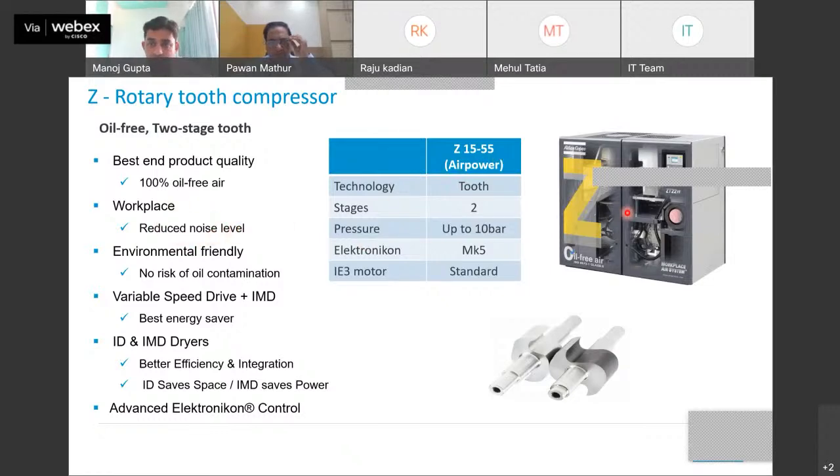It is plug and play. You can see this is a completely small box, and we have the option of inbuilt VSD also. We have the option of inbuilt dryer also. In the dryer, we have both options, refrigerant type dryer as well as HOC type dryer. All types are available with us in-house in a single skid.